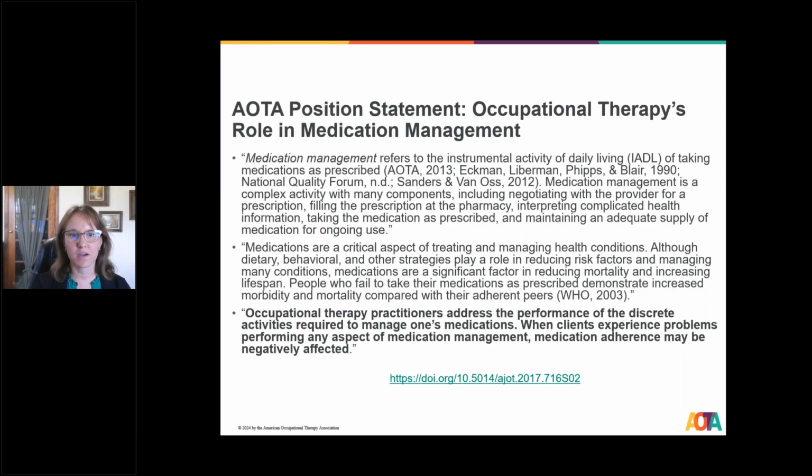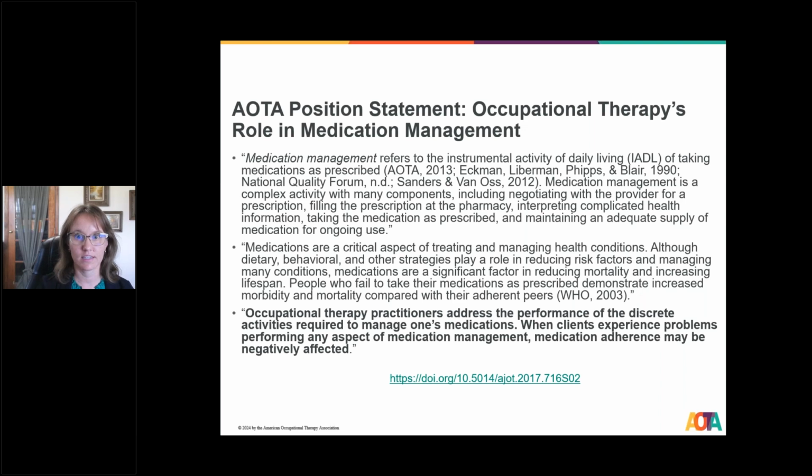So, occupational therapy's role in medication management: it is considered an instrumental activity of daily living. Medications are critical to treating and managing health conditions, and we are very well trained to do this.